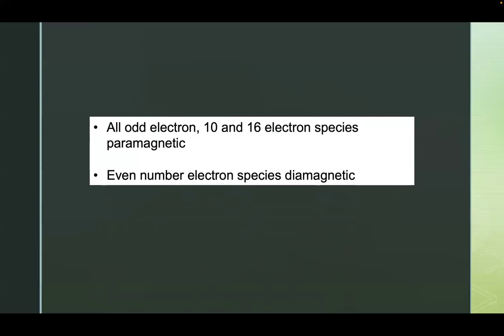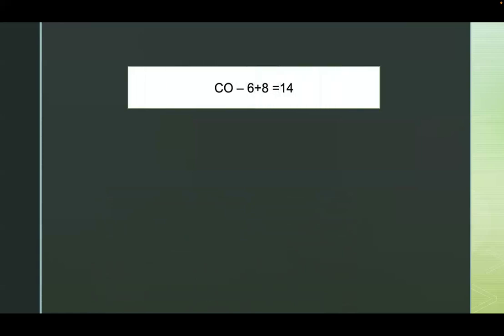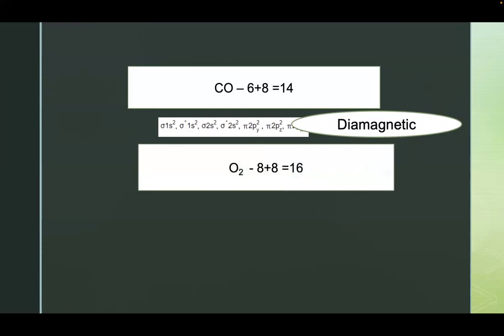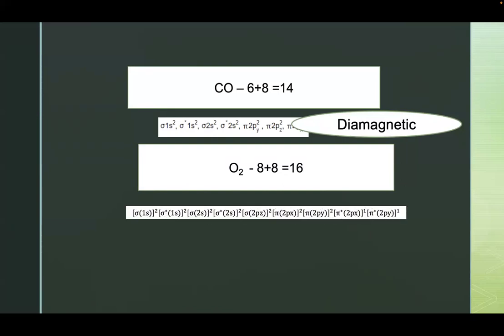Let's test our rule or trick on the same representative examples, wherein we have carbon monoxide having 6 plus 8, which is 14 as the total number of electrons. And it is indeed a diamagnetic molecule, which actually worked based on our trick as well. Next, coming to oxygen, we have 16, and our rule says that odd, 10 or 16 should be paramagnetic.